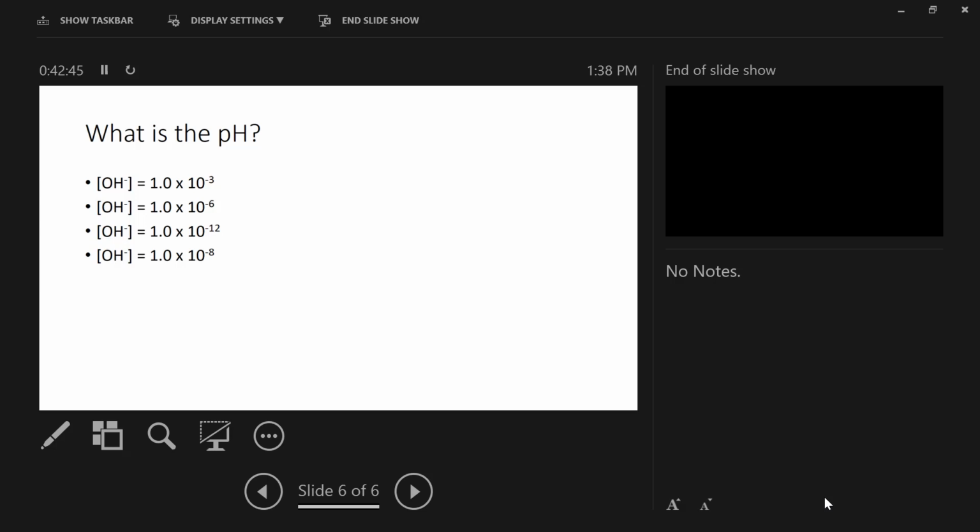Yeah, Micah. So if we're given the H, and it's 1.0 times 10 to the negative something. Yes. Can we just say that exponent, the positive exponent, would be our final answer? Yes, as long as it's 1.0.